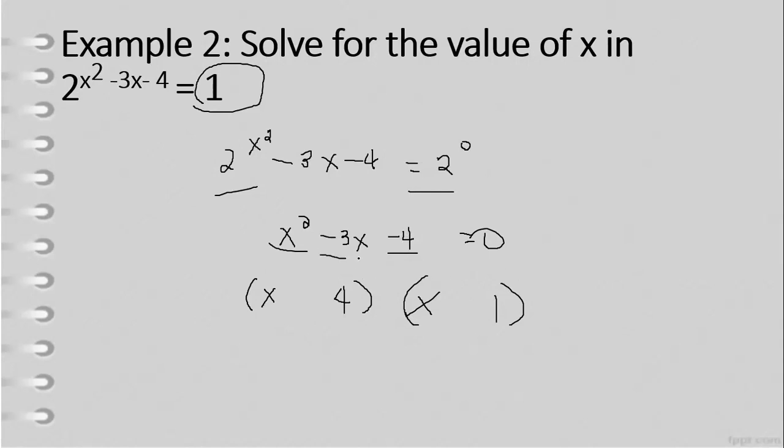To decide, look at the middle term. The middle term is negative, meaning the bigger number is negative. x minus 4 is equal to 0, so x is equal to positive 4. x plus 1 is equal to 0, x is equal to negative 1.